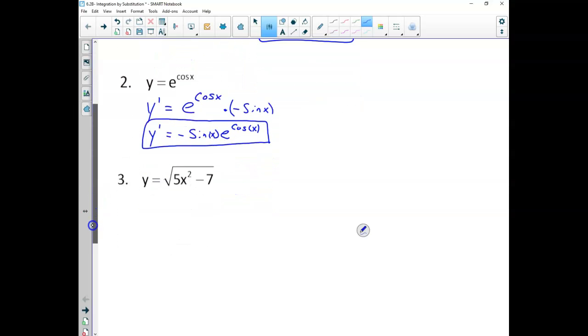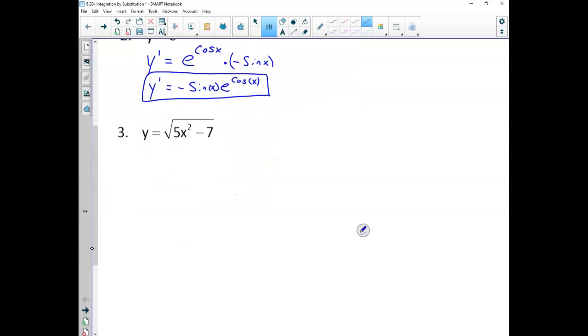And then when we came along to number 3, I highly encourage you to rewrite these as exponents. All your roots are fractional exponents, and what I'm really doing is taking the derivative of something to the 1/2.